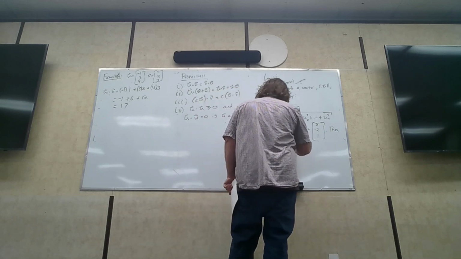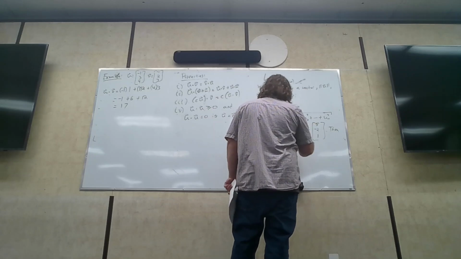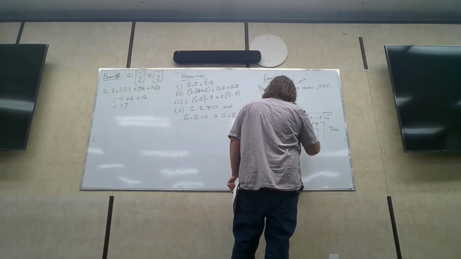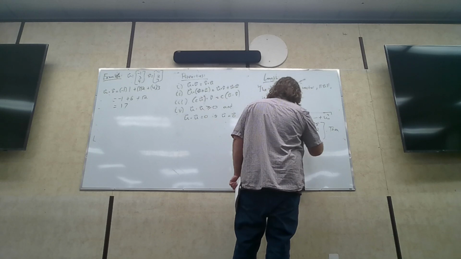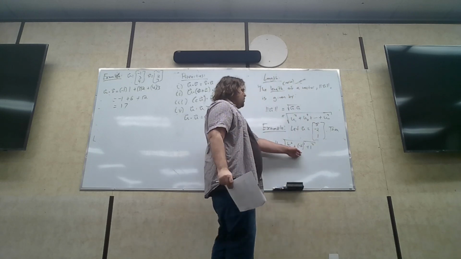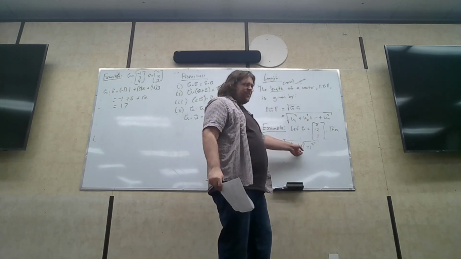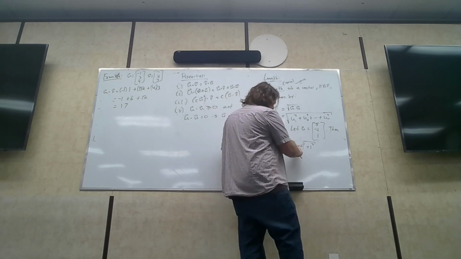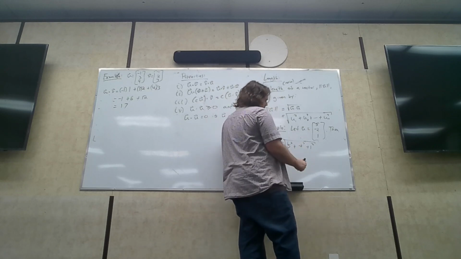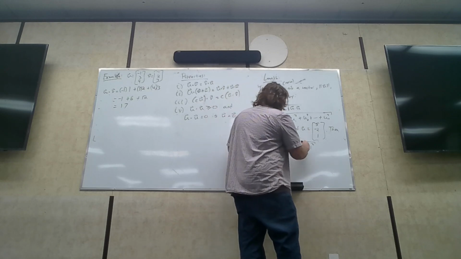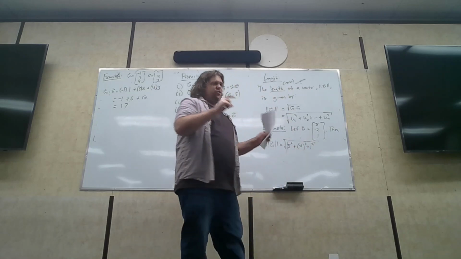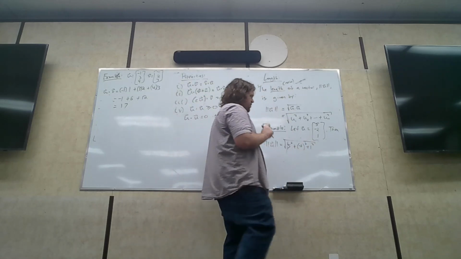So 5 squared plus minus 2 squared plus 1 squared. Remember, if you're squaring minus 2, it's minus 2 times minus 2, not minus 2 times 2. It's important to remember that.